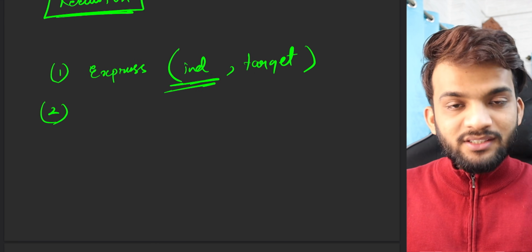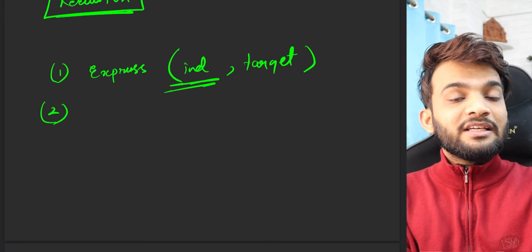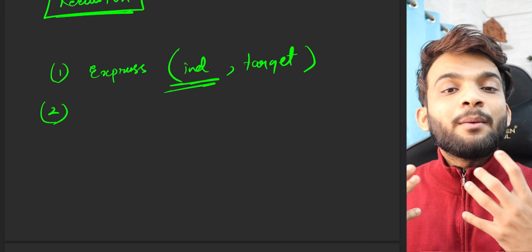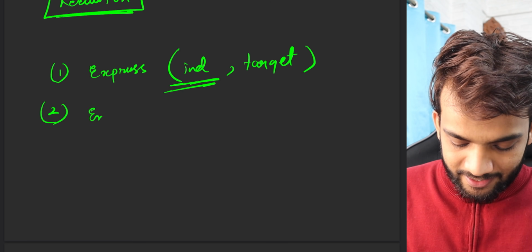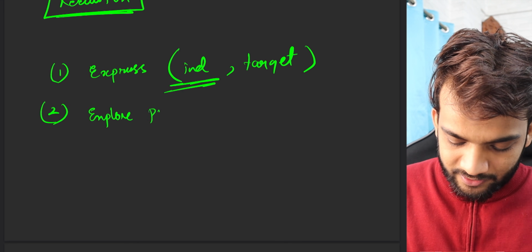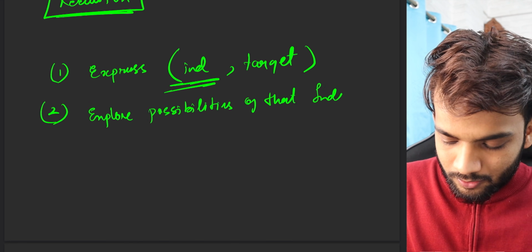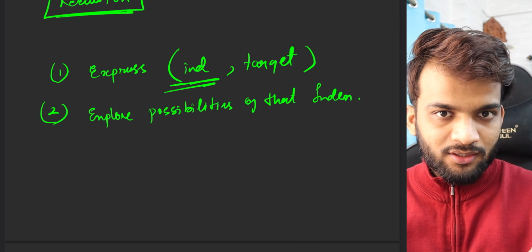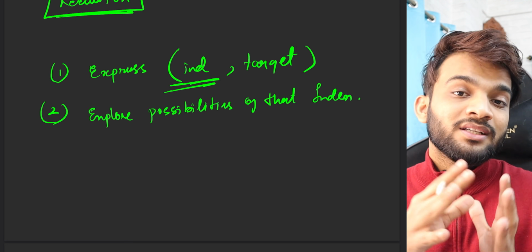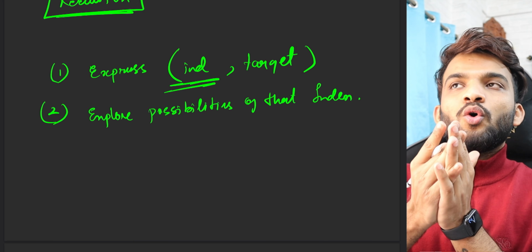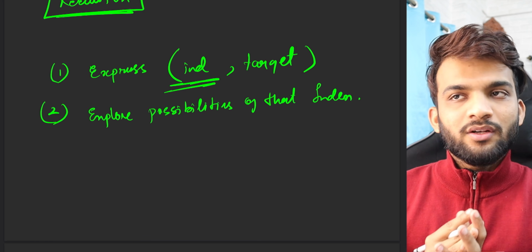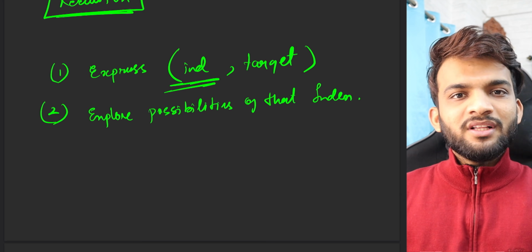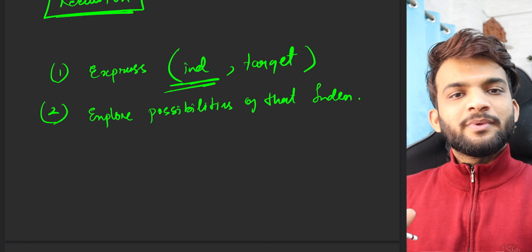Okay, let's go to the second point: explore possibilities of that index. What am I talking about? I am talking about an index and a subset or subsequence. What can be the possibilities for an index? Your brain will say, Striver, there will be two possibilities.